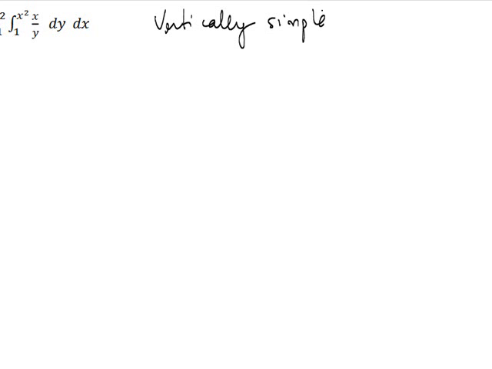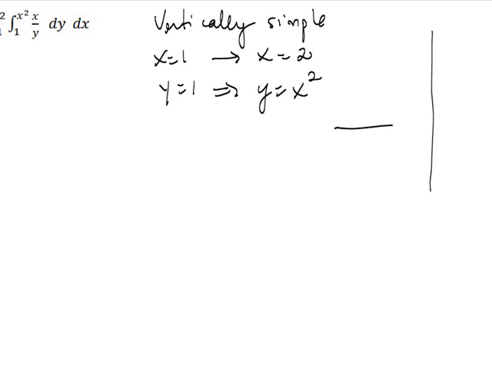Let's write down our limits because we need to draw the figure. x goes from 1 to x equals 2. y goes from 1 to y equals x squared. Let's draw. y equals x squared.